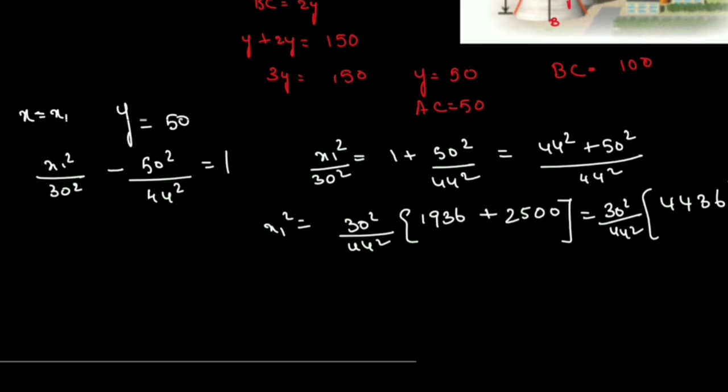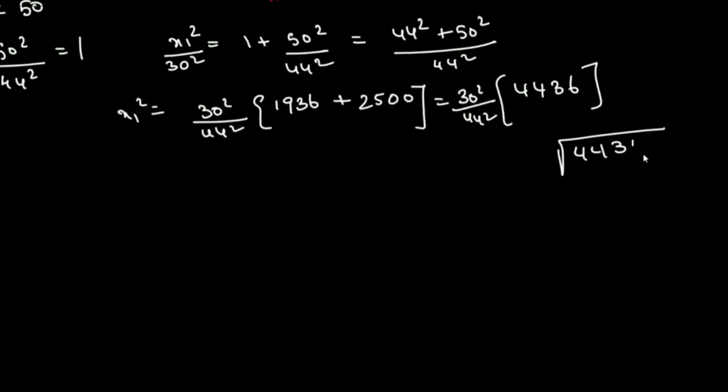That is your x1 square. So x1 will be the root of this. The root of 30 square is 30, 44 square is 44. And what is the root of 4436? Group it in twos.